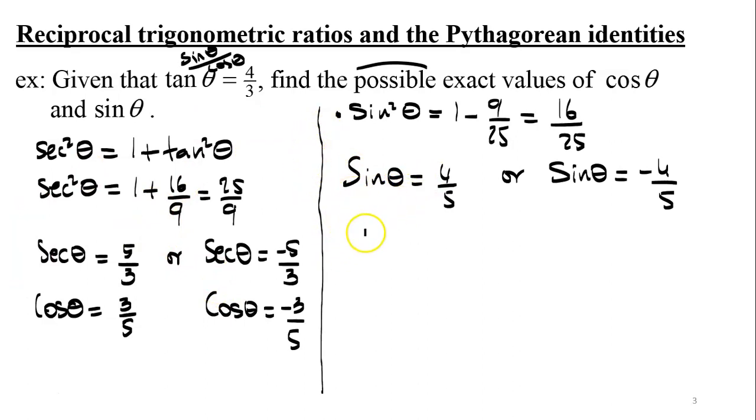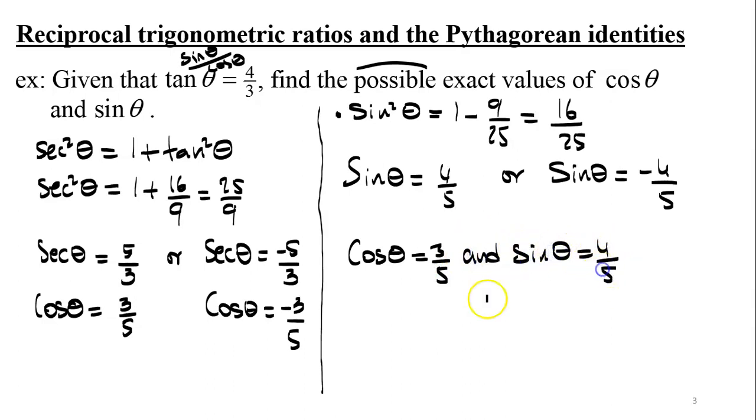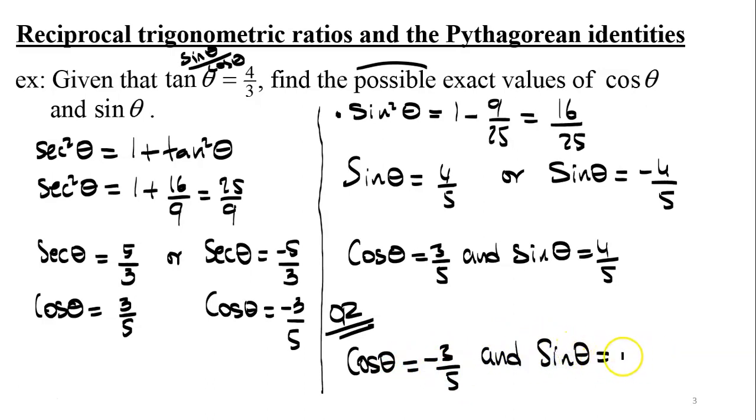So over here we do have these two sets of solutions to this question. So cosine theta is 3 out of 5, and sine theta is 4 out of 5, or the other possible solution is cosine theta equals negative 3 over 5, and sine theta is negative 4 out of 5.